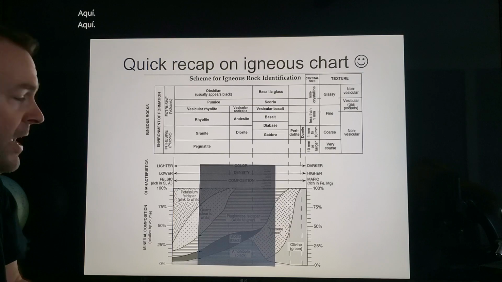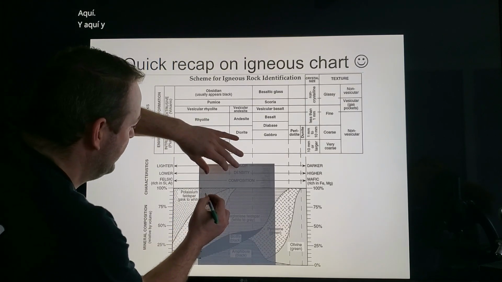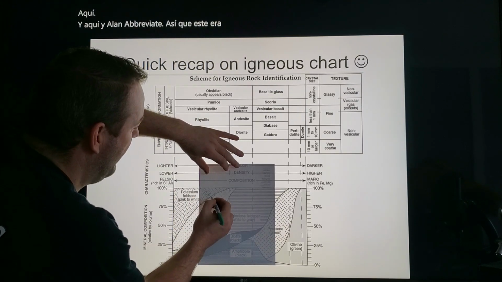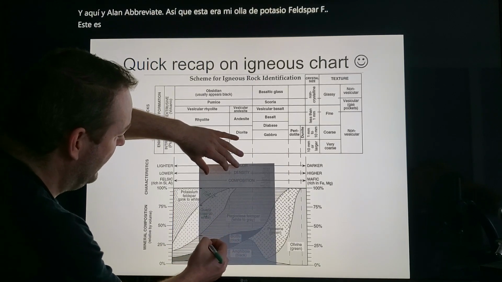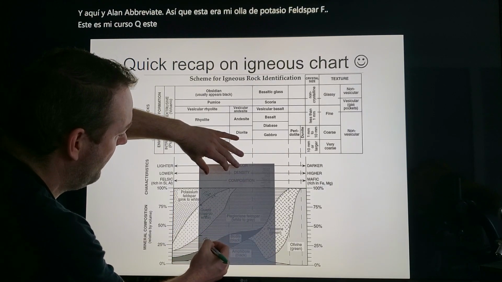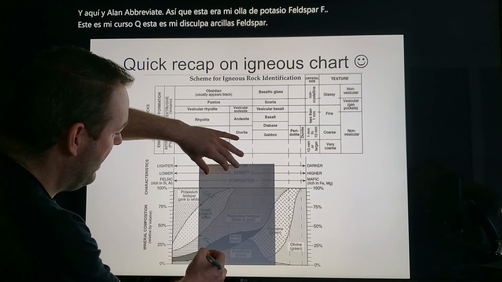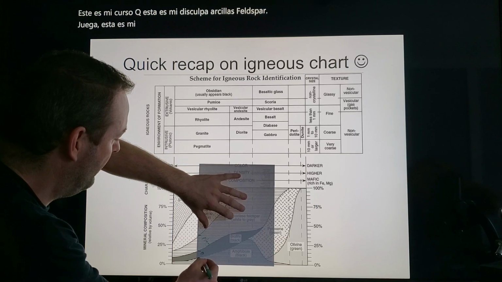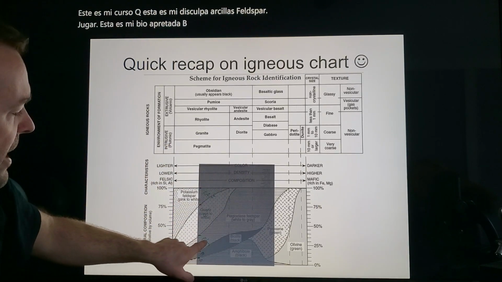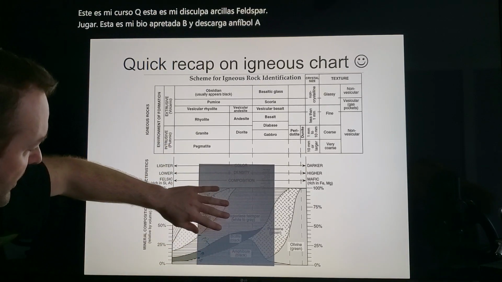And now I'm going to abbreviate. So this was my potassium feldspar, pot F. This was my quartz, Q. This is my plagioclase feldspar, plag. This is my biotite B, and down below amphibole A. And now you're simply going to slide over and get your percentages.